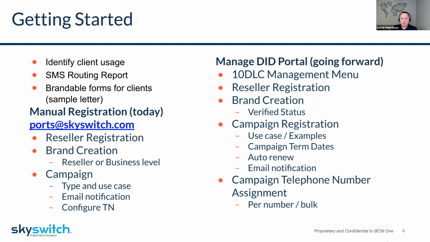Either way, you're going to want to create a campaign so that those messages will flow through. Under the campaign, you'll set up your email notifications, and then you'll configure your telephone numbers. We'll dive into that a bit later.